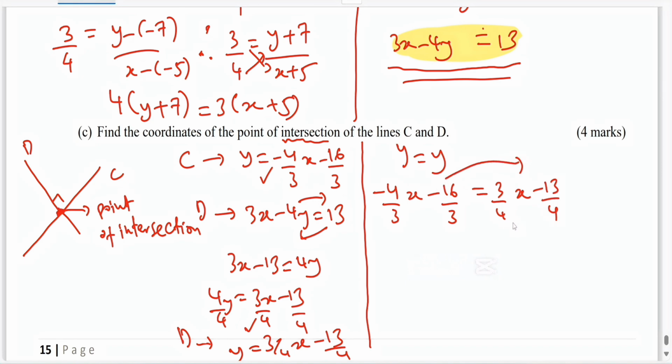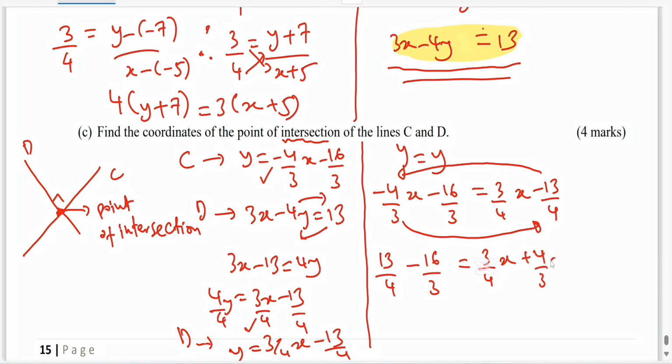Move the 16/3 across and the 3/4x across. So 13/4 minus 16/3 equals 3/4x plus 4/3x. 3/4 plus 4/3 is 25/12.